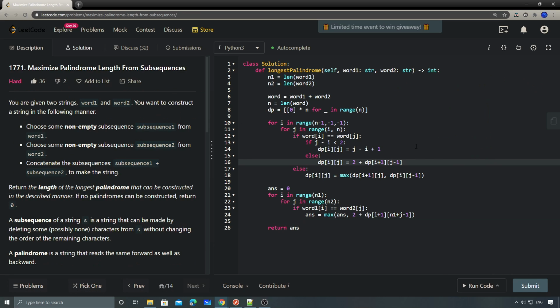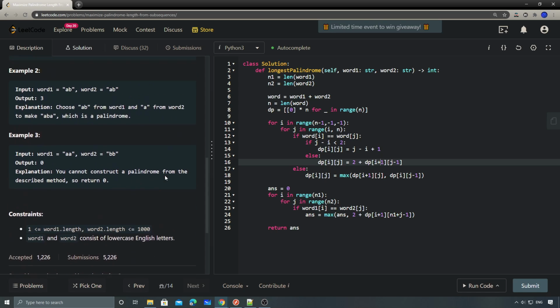And the time and space complexity. We have word 1 and word 2 here, so basically let's say the time is O((m plus n) square). That's the time complexity, because the total length is m plus n, and to loop through all the possible start and end points, we have O(n) square.